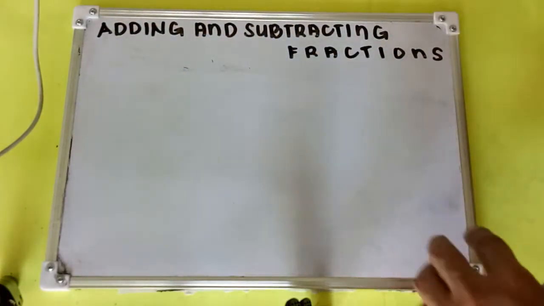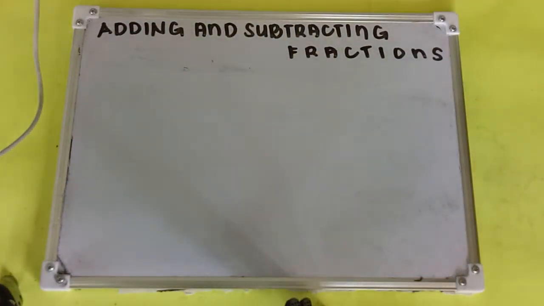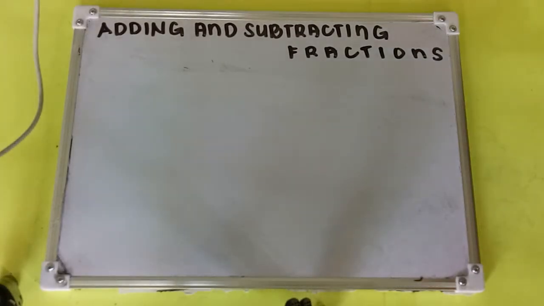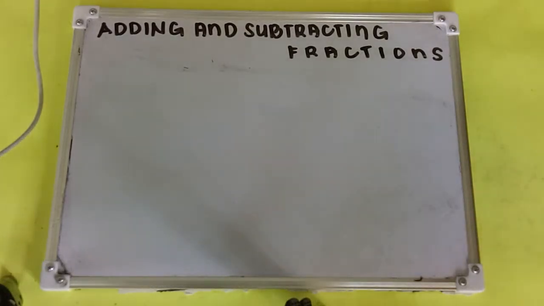So in adding and subtracting, ayun kasi yung una nating kino-consider para kung sakaling similar lang siya, mas madali na natin siyang ma-solve kasi mas madali ang similar compared to dissimilar fractions.